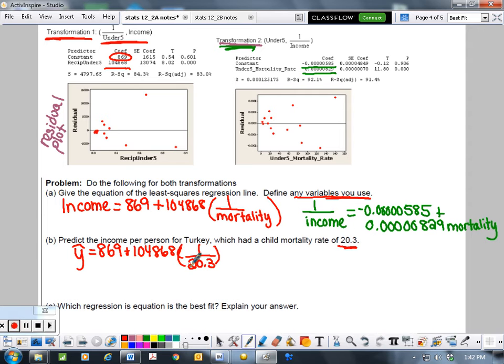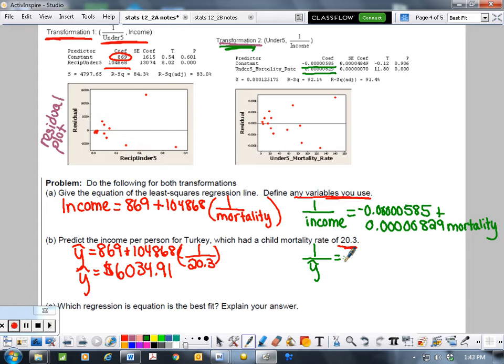And so now that we've plugged that into that equation, we can figure out what this would be. So we would predict the income to be $6,034.91.